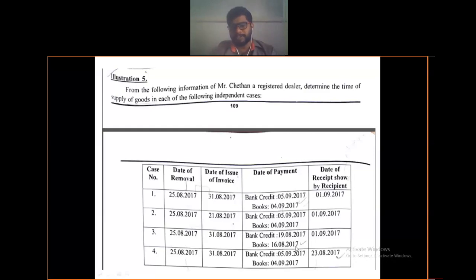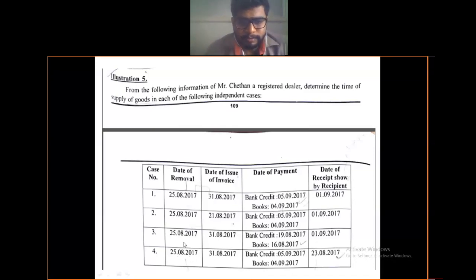You can write one sentence: the time of supply is 16/8/2017, because the payment received information is shown in the books of account of the supplier on 16/8/2017, and it is prior to the date of removal of goods, prior to the date of issue of invoice, and prior to the amount actually credited to the bank account. Therefore, time of supply is 16/8/2017.